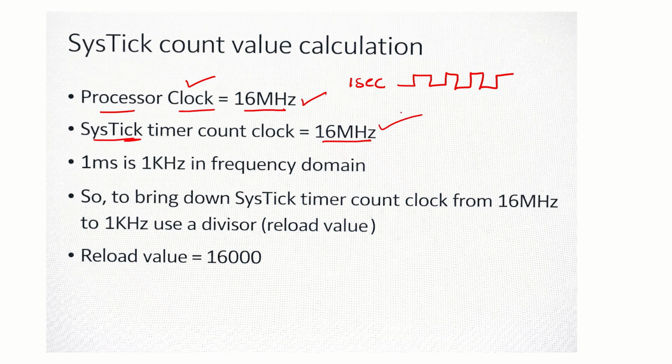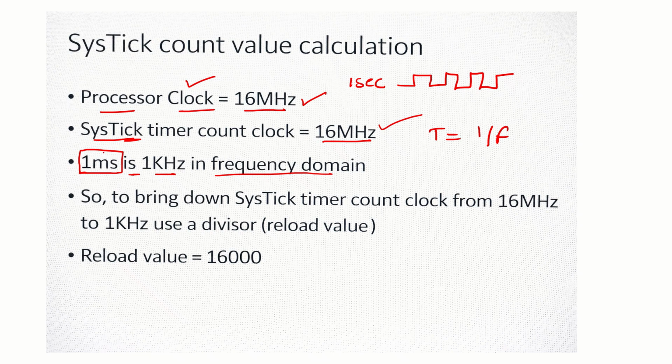Now see, what is our requirement? We have to trigger an interrupt every 1 millisecond, because we want to give 1 millisecond to every task. 1 millisecond is nothing but 1 kilohertz in the frequency domain. Time equals 1 by frequency.